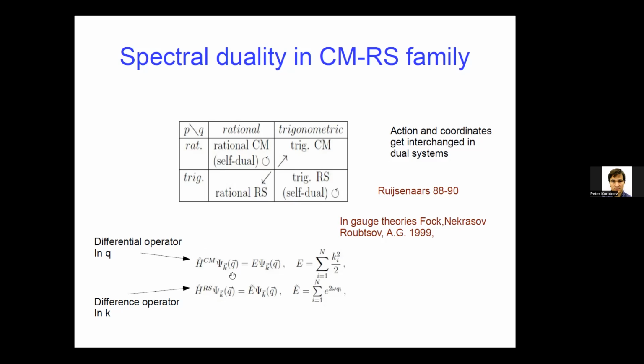When you consider the quantum spectral duality, the Calogero-Moser Hamiltonian acts on the coordinates, and energy depends on variable k. On the other hand, when you consider the same wave function and act by the Ruijsenaars-Schneider Hamiltonian on parameter k, instead of a differential operator we consider this difference operator, and energy depends on coordinates in the previous model. So both of them have the same wave function, and this is essentially important.